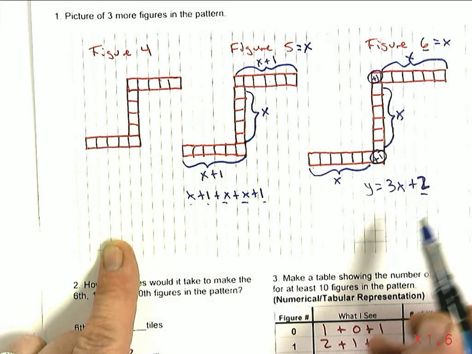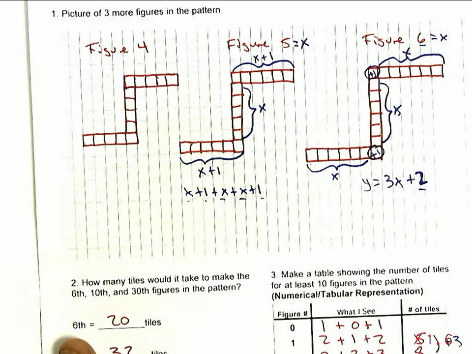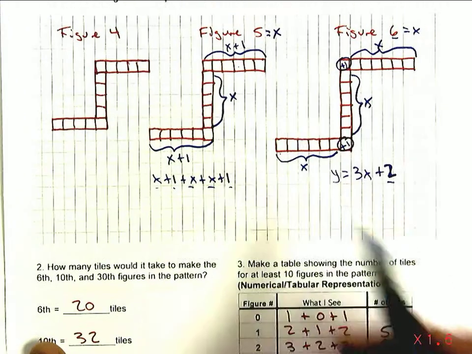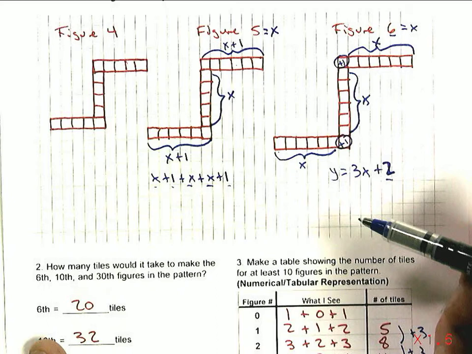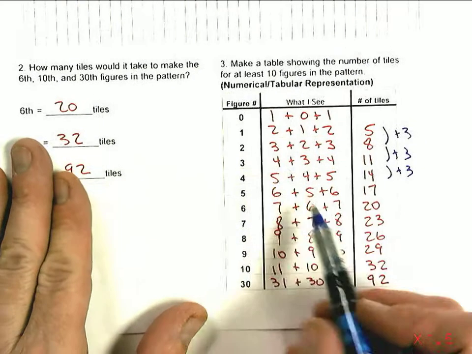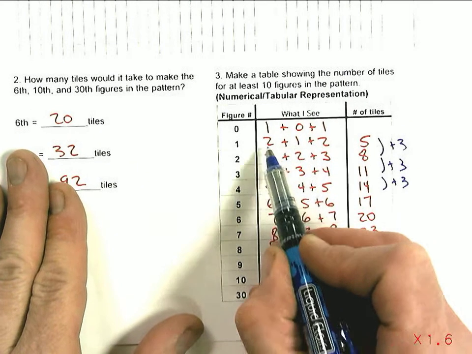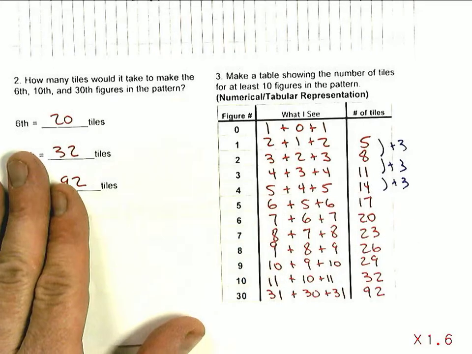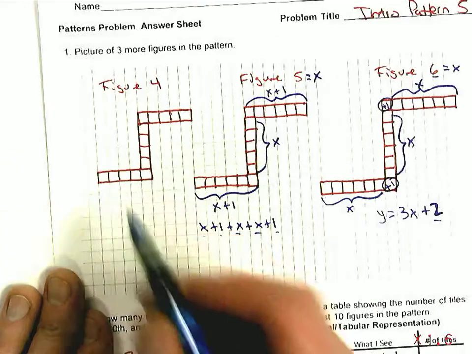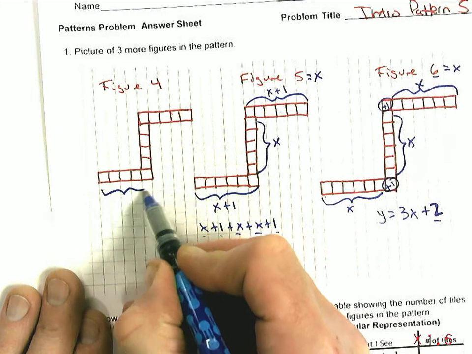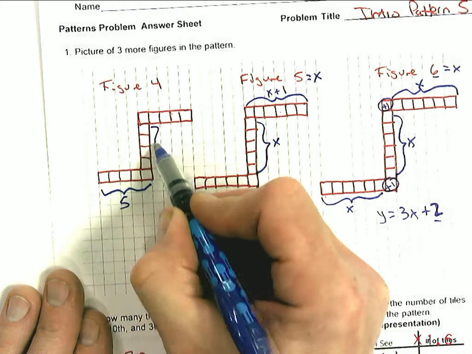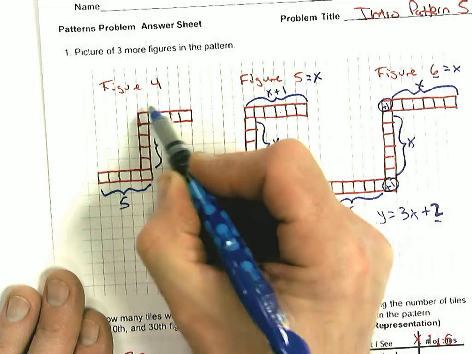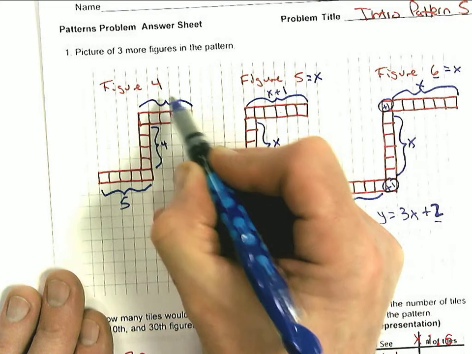So really they're the same equation, just different ways of representing it, different ways of showing the same thing. And in my table, what did I see? I saw 2, then 1, then 2. So what I saw was in figure 4, I saw 5, 4, and 5.